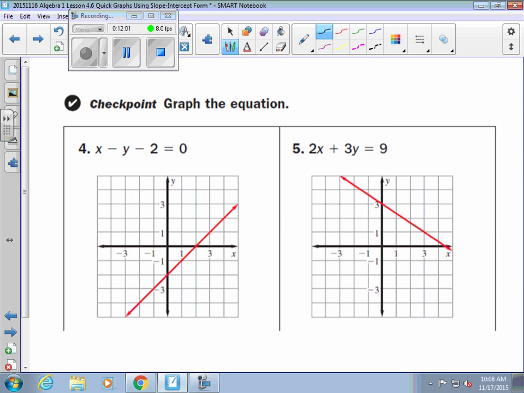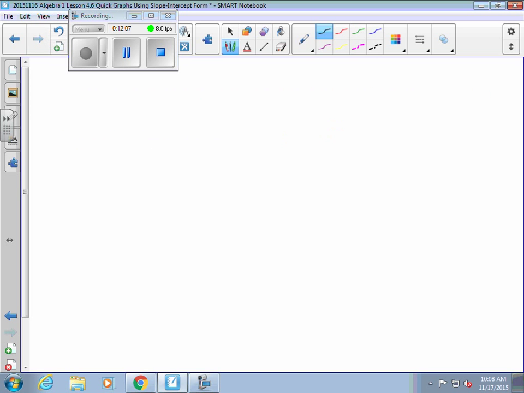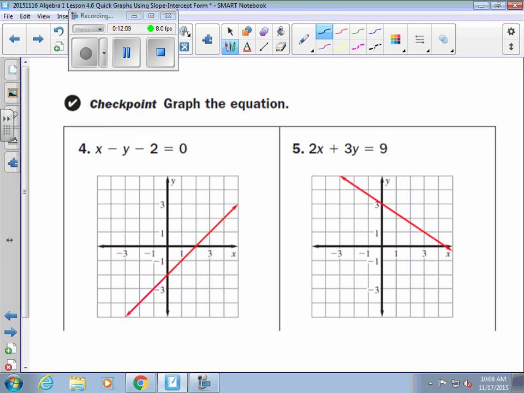Then your checkpoint told you to graph these equations. Unfortunately, they were all graphed for you, but we'll go through them real quick to show you how you needed to graph it. You need to make it say y equals mx plus b. X needs to go over to the other side. When you do that, you'll get negative y minus 2 equals negative x when you subtract x on both sides.